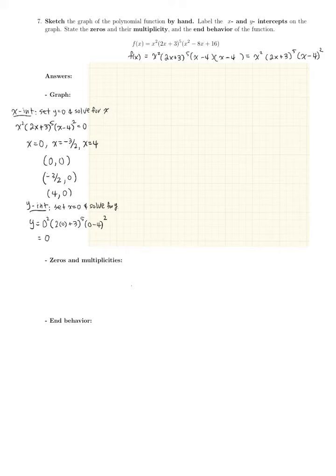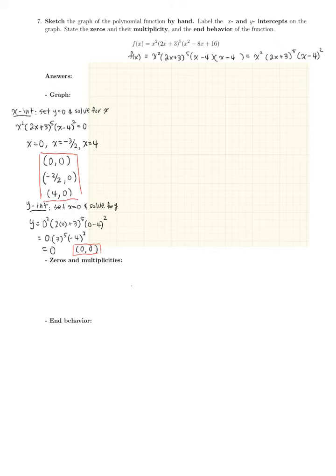Because you're multiplying 0 times 3 to the 5th and negative 4 squared, so this is going to be 0. So the y-intercept is when x is 0, y is 0. Let me box all that important information in red. Y-intercept, and here's our x-intercepts.